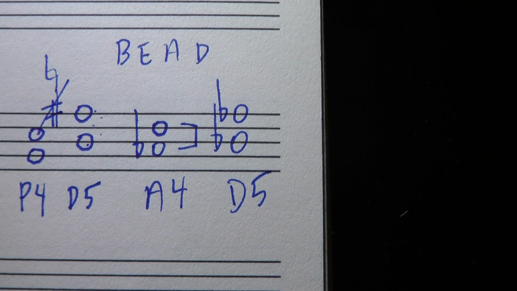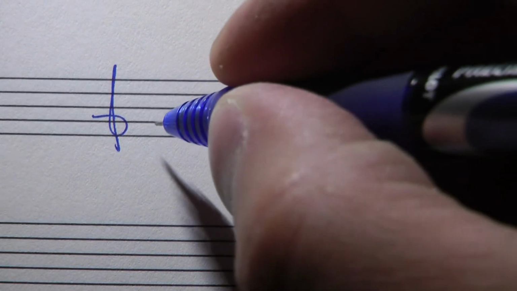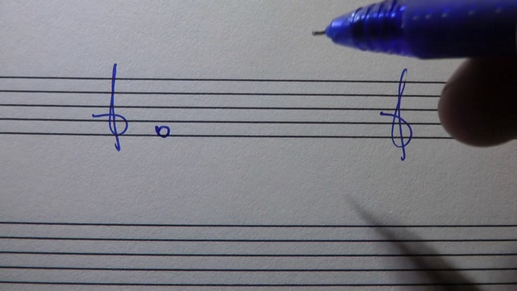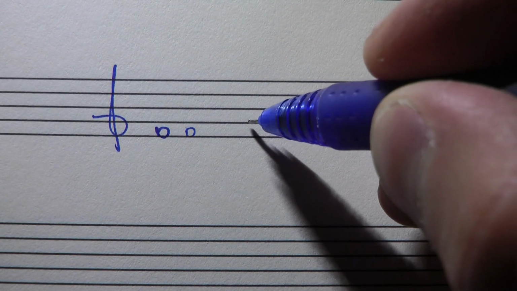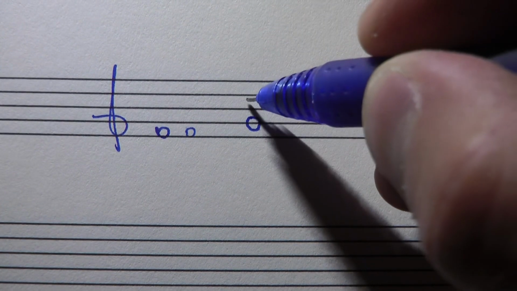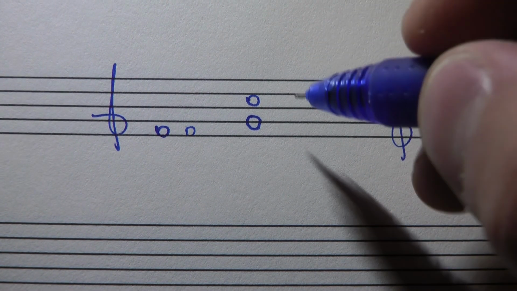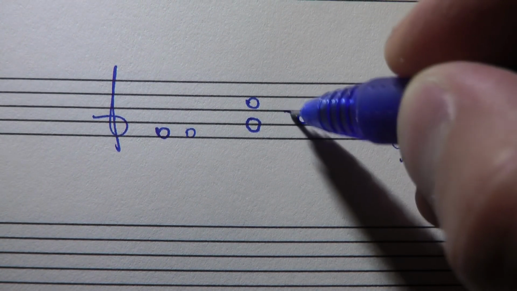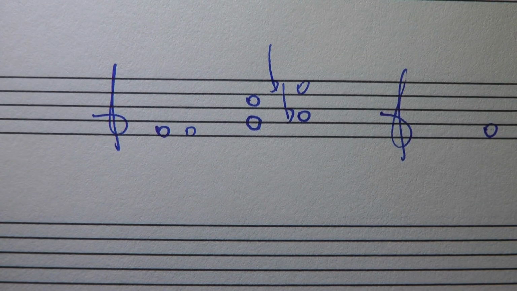So once again, to review, the types of intervals that can be perfect are the perfect unison, F to F, a fourth, G to C, the perfect fifth, A flat to E flat.